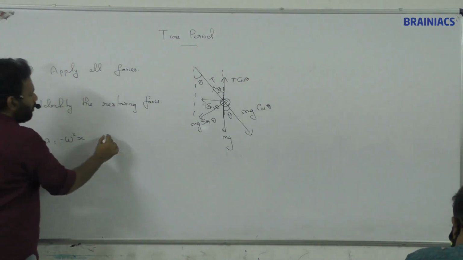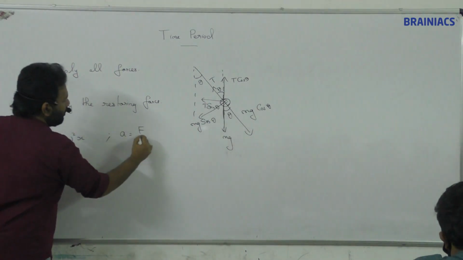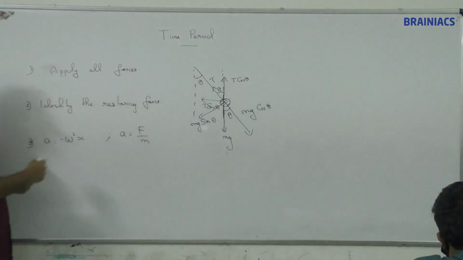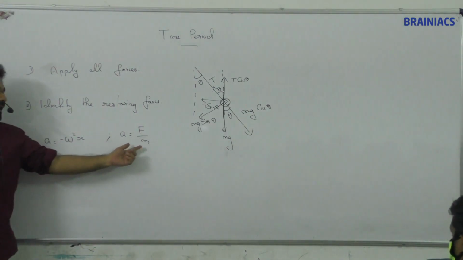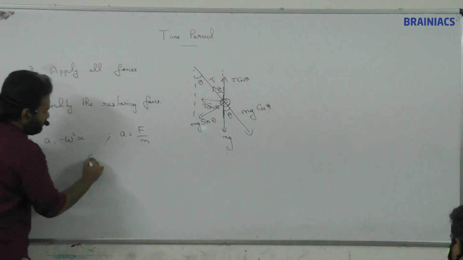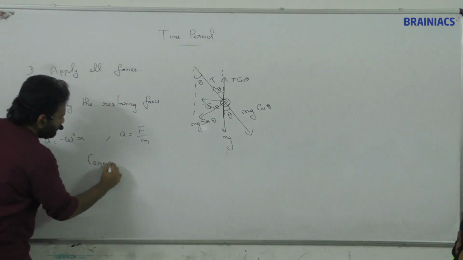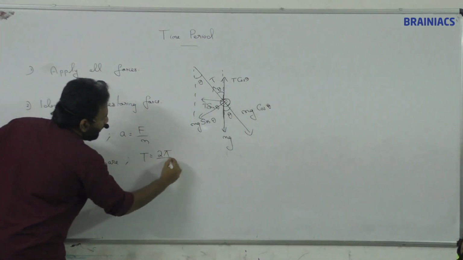Now what we need to do? We should apply A is equal to F by m form. Whatever force is available, we should make into acceleration. After that, compare this, T is equal to 2 pi by omega.